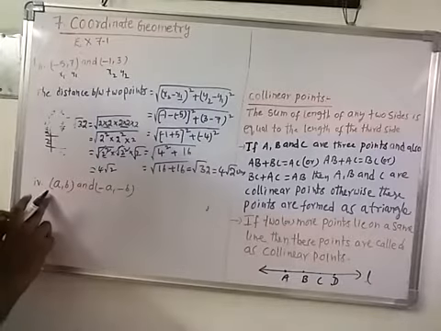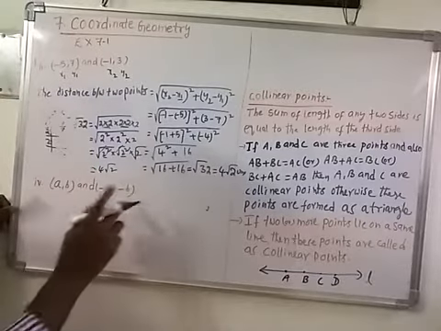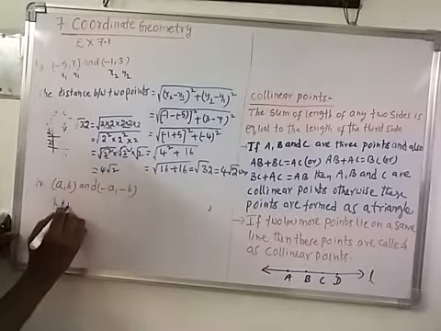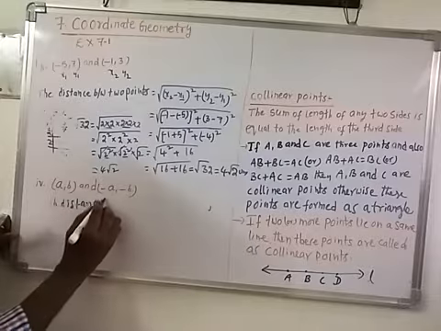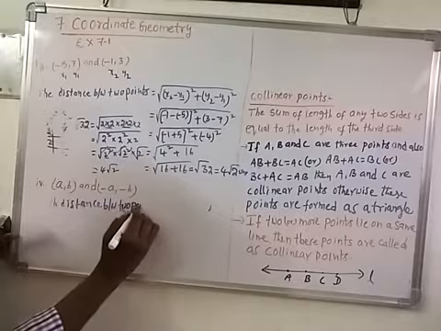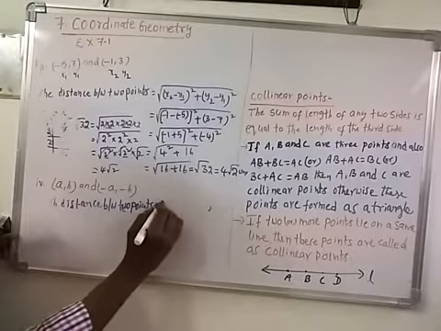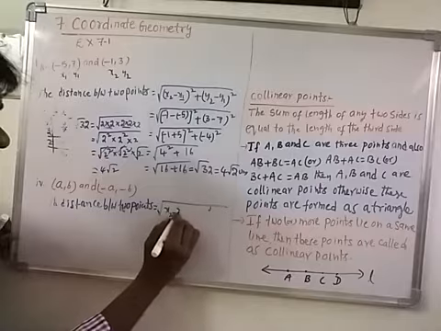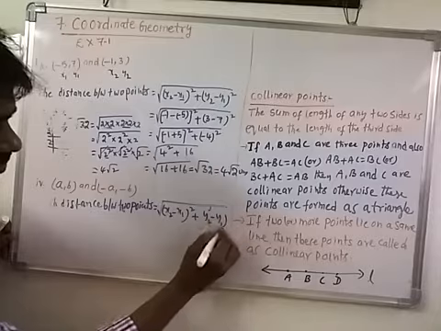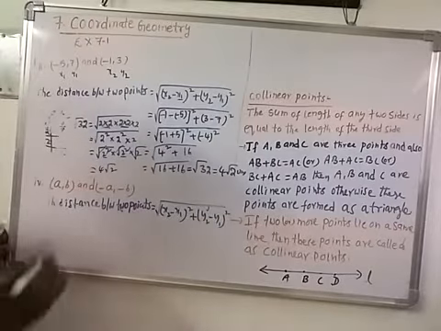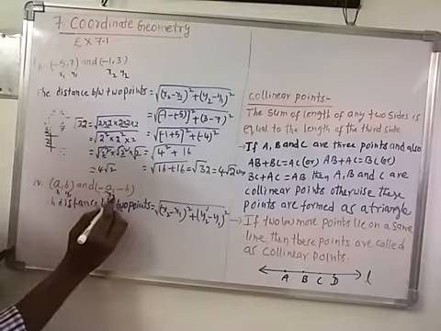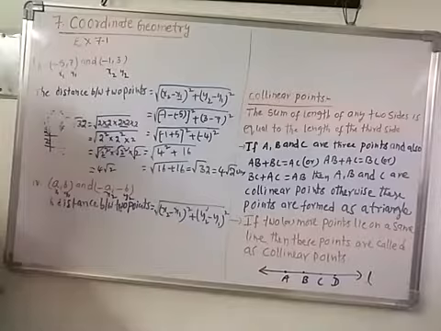Now, what is the distance between (a, b) and (minus a, minus b)? The distance between two points is equal to the square root of (x2 minus x1) whole square plus (y2 minus y1) whole square. Here x1 is a, y1 is b, x2 is minus a, y2 is minus b.